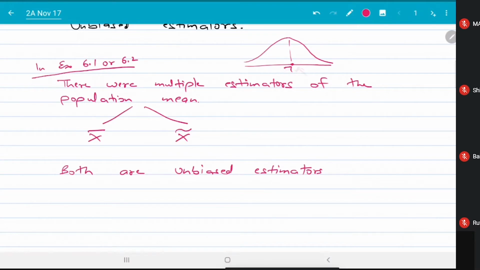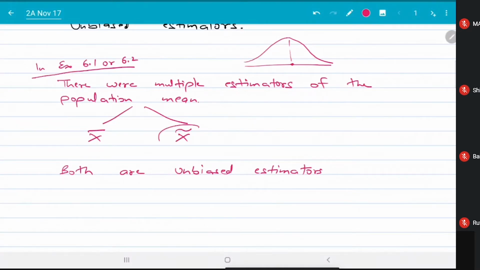So if we use the sample median to estimate the population mean, even that is going to be an unbiased estimator. On average, if we take many samples and average the medians of those many samples, we're going to be pretty close to the population mean.